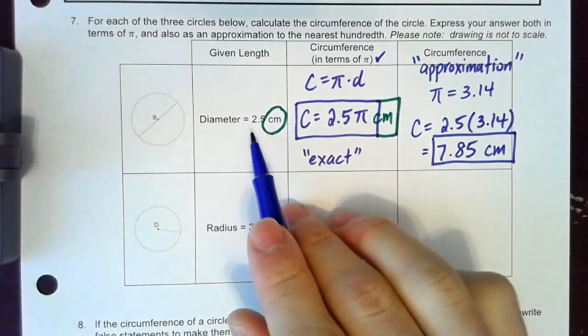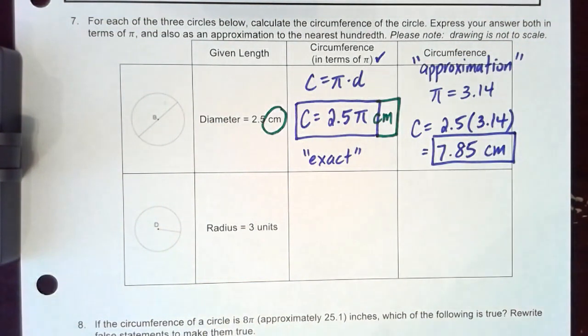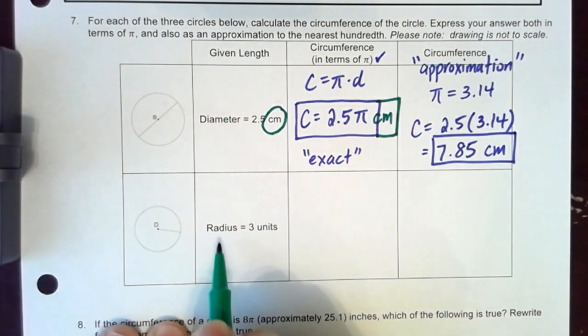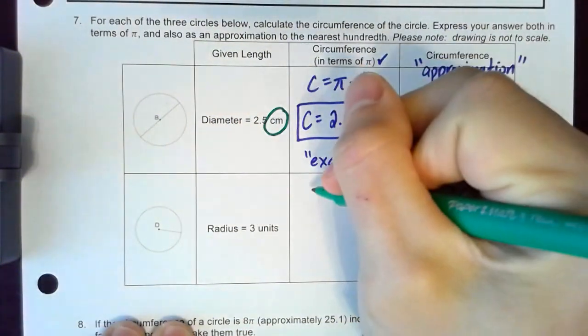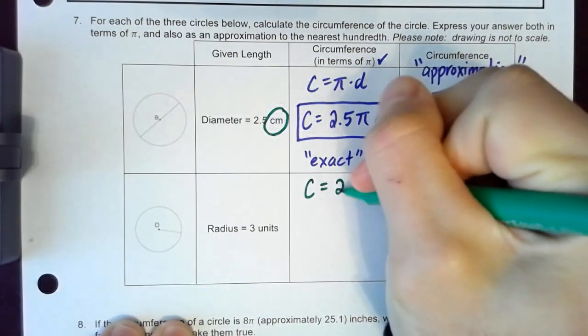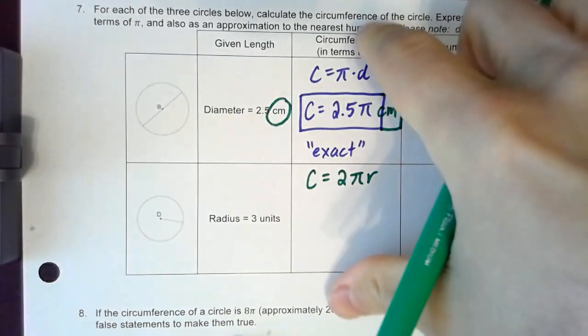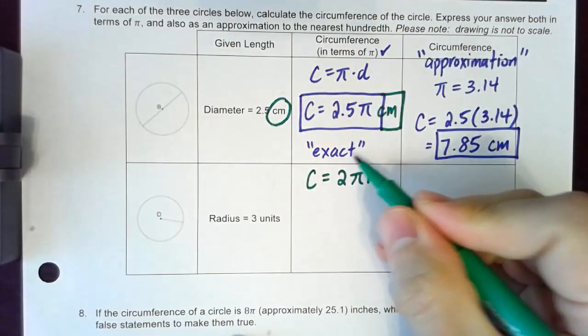Okay, again, we were given the diameter, so we use this formula. In the next example, we're not given the diameter, we are given the radius, so we're not going to use this formula. We're going to use C equals 2 pi r. Again, in this column, they want us to use the exact form.